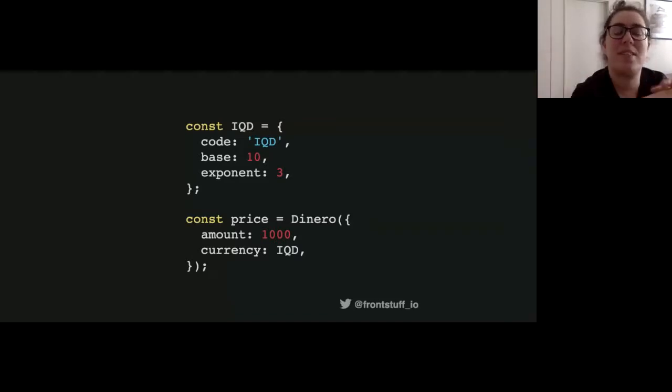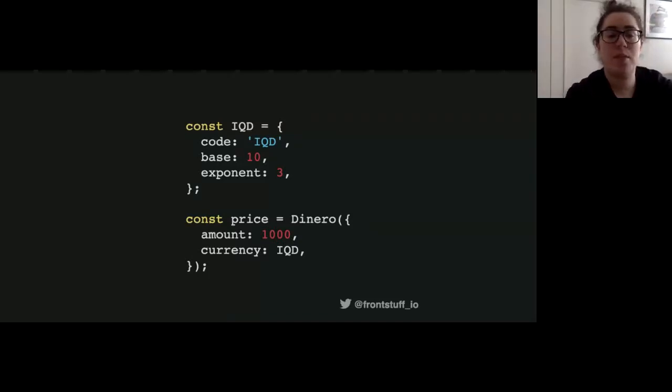But we will discuss that later on. A much cleaner approach would be to create actual currency objects, to design specific value objects for currencies, which can carry useful information such as the base or the exponent, and to pass this to Dinero objects rather than a string.